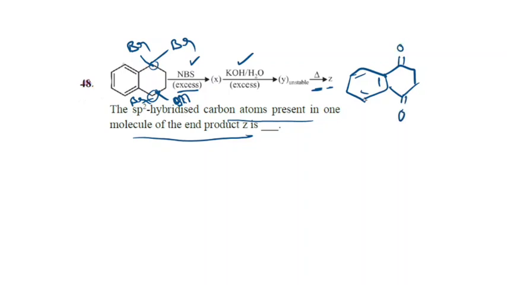In this, how many sp2 carbon atoms are there? Carbon with double bonds, there are all 6, 7 and 8. Total 8 carbons are there with sp2 hybridization, and hence the answer is 8.